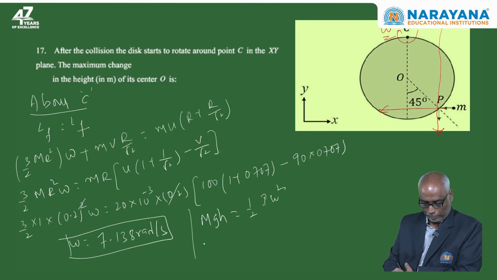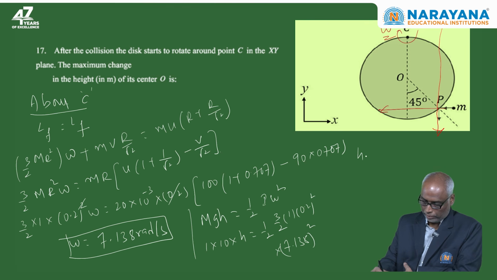From this equation, capital M is given, which is 1, g value is given as 10, into the height h, equals 1/2 into moment of inertia, which is nothing but 3/2 into mr², r is 0.2 whole square, into ω², 7.138 whole square. On simplifying this, the height through which the center of the disk rises is equal to 0.152 meters. When you round it off to 2 digits, it should be 0.15 meters.